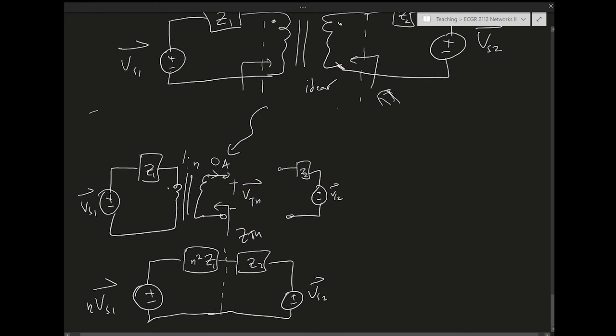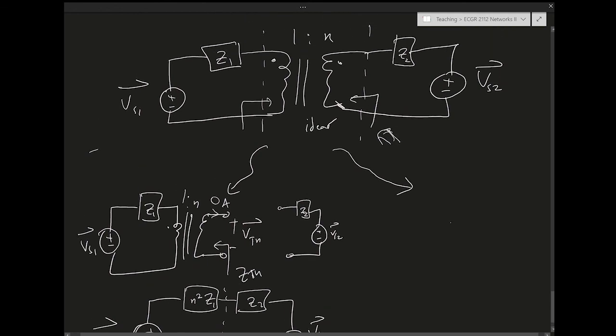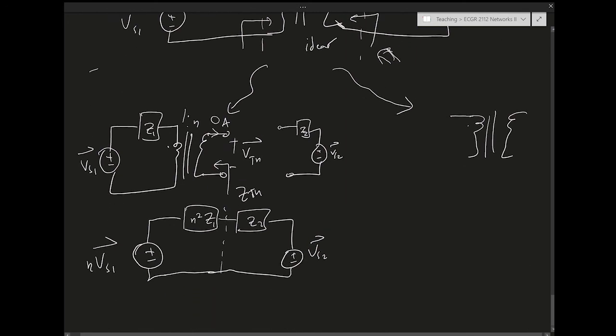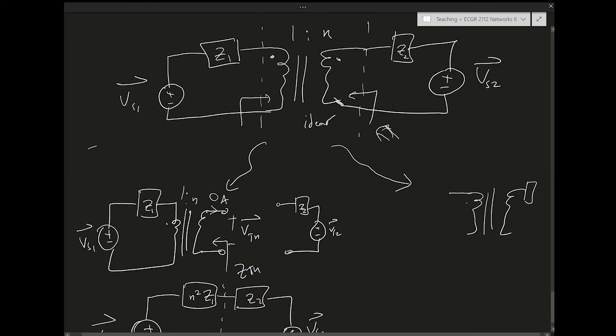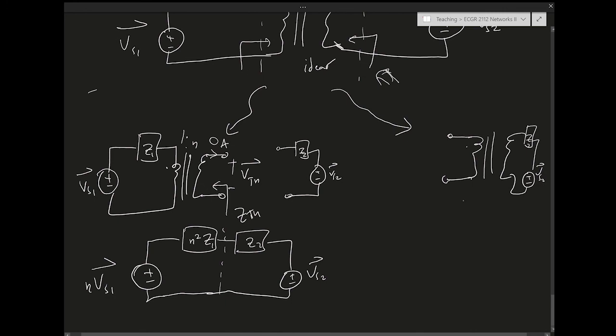And then the second approach is to cut the circuit on the primary side. This is going to be Z2 and VS2. And this is easy too.